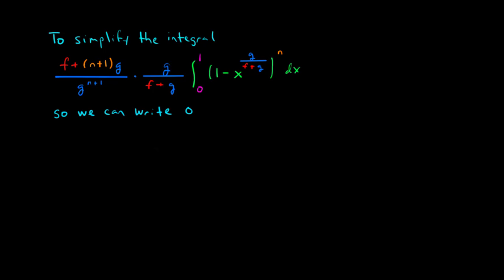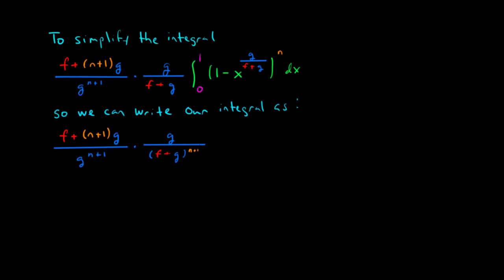We can write our integral in the following way: f plus n plus 1 times g over g to the n plus 1 times g over, and here it is, (f plus g) to the n plus 1 over (f plus g) to the n.